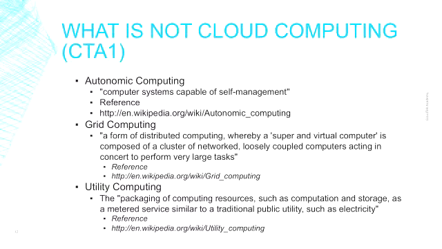Grid computing is an earlier form of cloud computing, but here you have super and virtual computers composed of clusters that are networked, and they act in concert to perform singular tasks, typically very large.